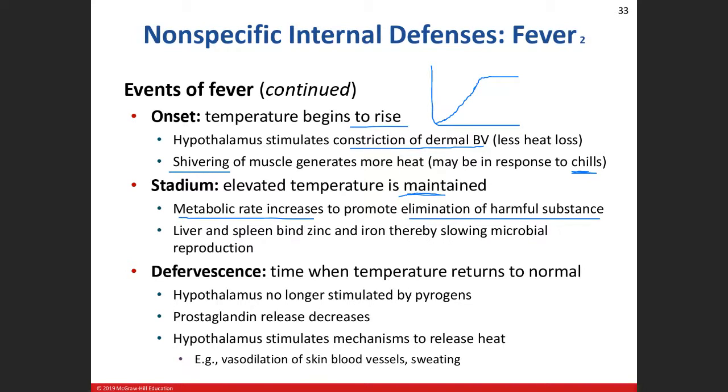So fever is a good way to kill off a whole bunch. During that time too, our liver and spleen will become stingy with iron and zinc, because guess what? A lot of microbial organisms need zinc and iron to reproduce. Go figure.